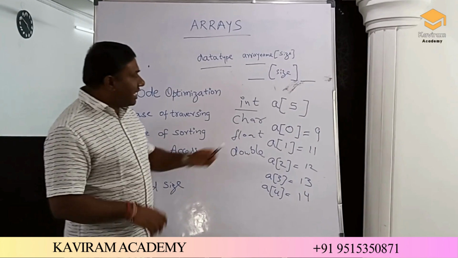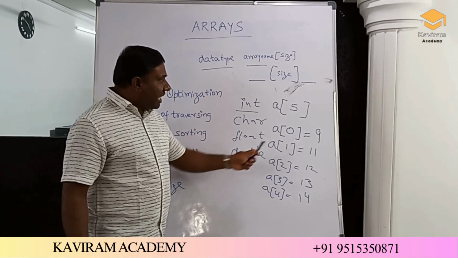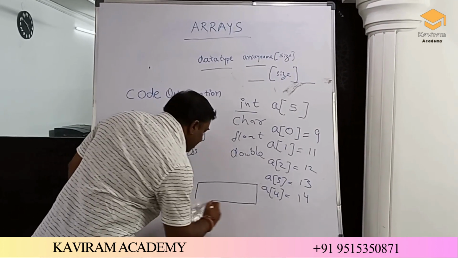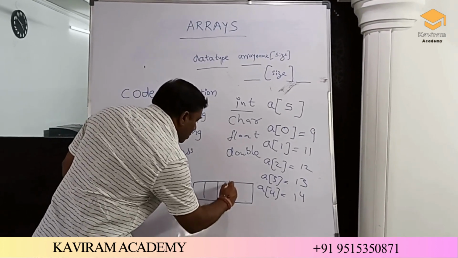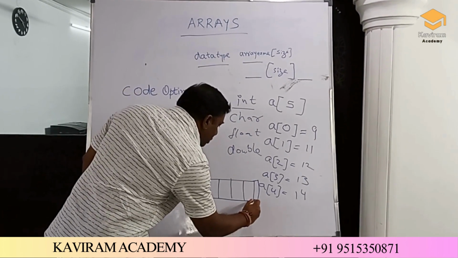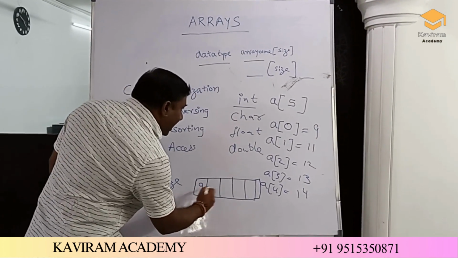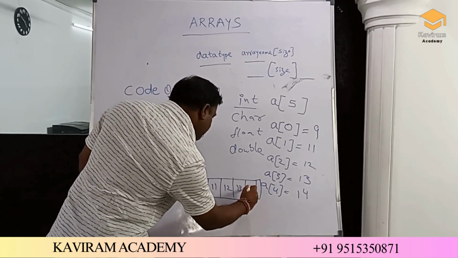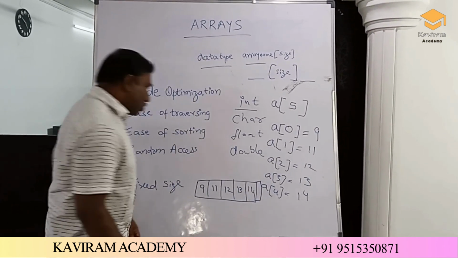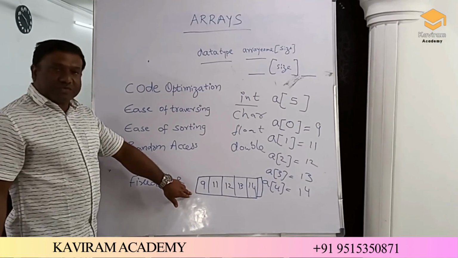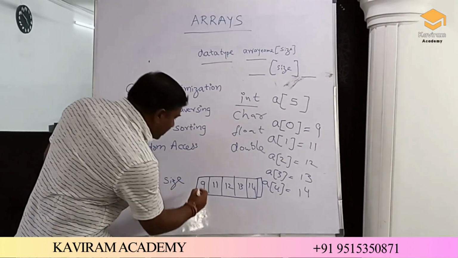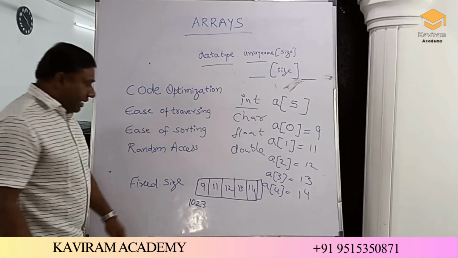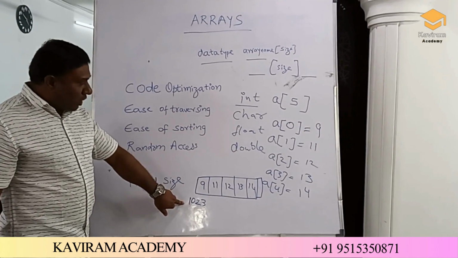So this is a single dimension array. A single dimension array is allocated as a continuous block: 1, 2, 3, 4 and 5, holding the values 9, 11, 12, 13, 14. And suppose this array starts at an address of 1023, so the starting address is 1023.